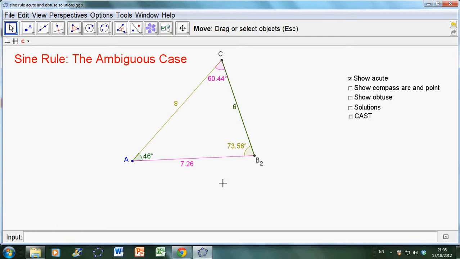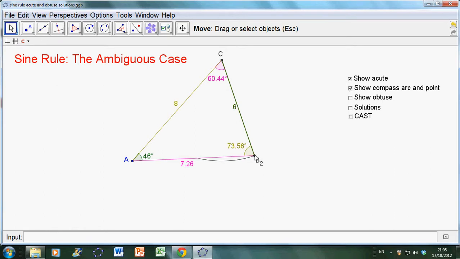Okay, however, there's a slight complication, because if you took a compass and placed the center at point C up here, and placed your pencil at point B, so your radius would be 6, and drew an arc, the arc would go across here and cross this line at a second point.